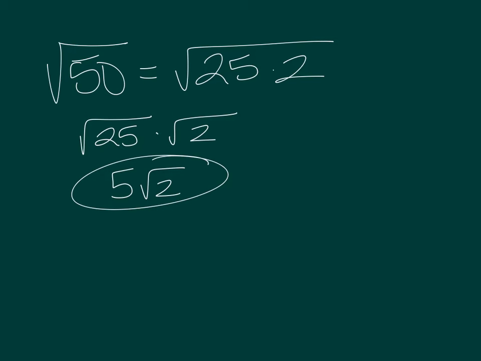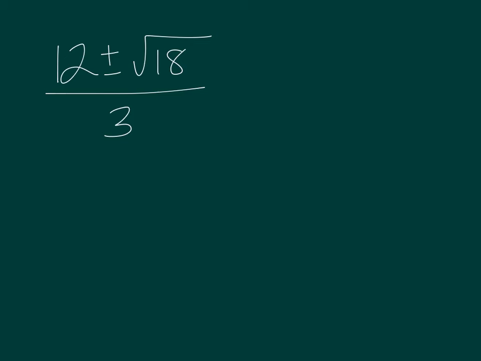So now you're probably thinking, well, how do I put this together and simplify the numerator and denominator like I see on Khan Academy? So I've got a couple of those. When I see this problem here, the first thing I need to tackle is simplifying the square root. So for 18, I need to think about what perfect square number is a factor of 18, and that would be 9.